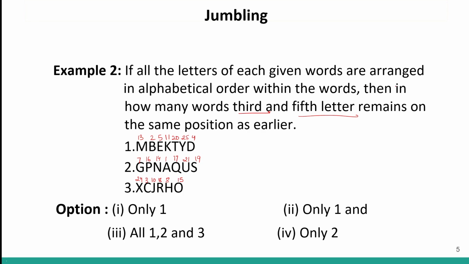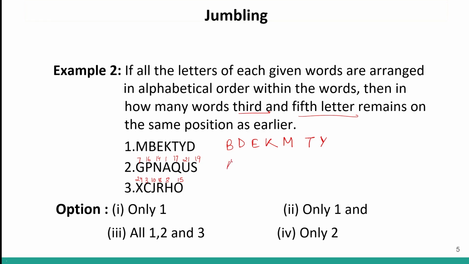And now we have to arrange them in alphabetical order within the word. So alphabetical order: first B, then E, then D, then E. So this 4, then 5, then 11, that is K, then M, then T, and then Y. So this will be the arrangement.